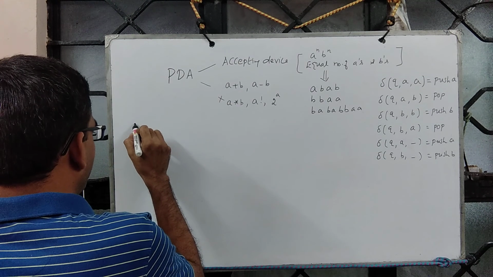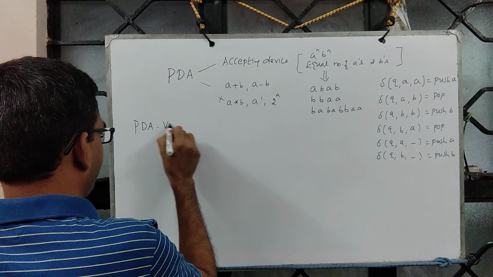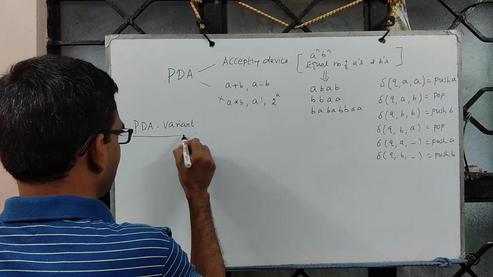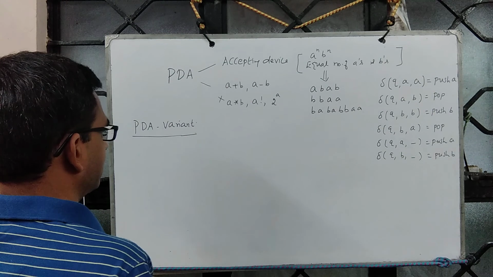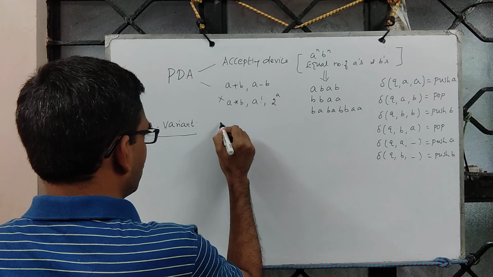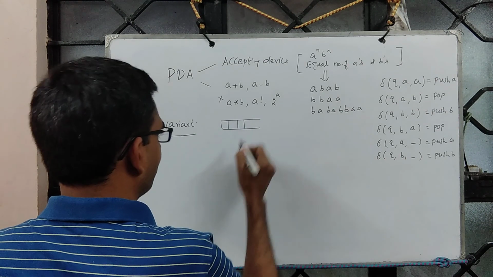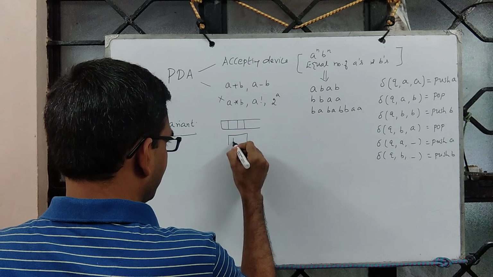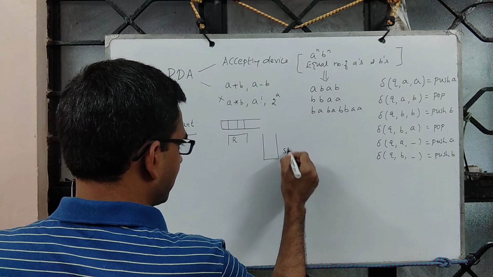Now what we will do, let's increase the computational power of the automaton and see whether we can increase the set of languages accepted by the automaton, namely a PDA variant. So the PDA has got an input tape wherein one can store a bit. You have read control, and you also have a pushdown store or a stack.